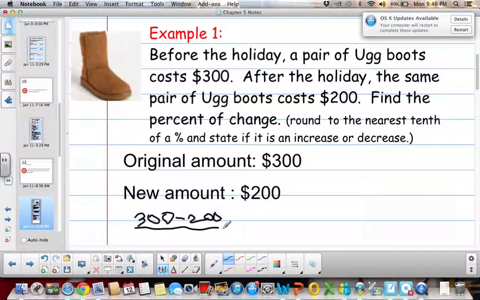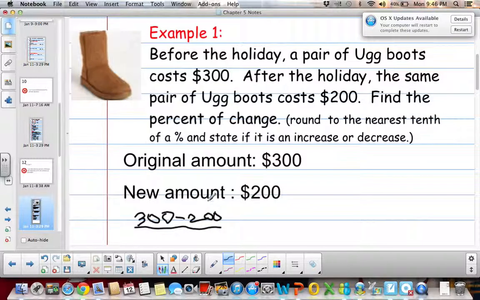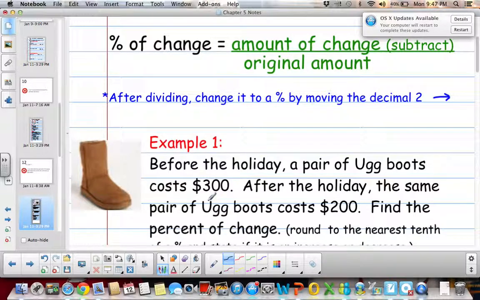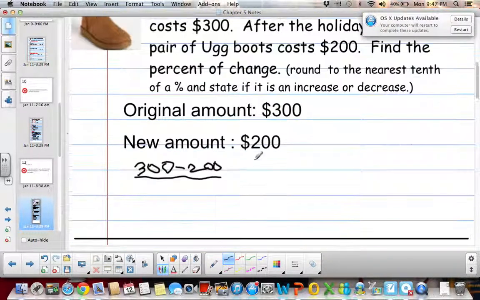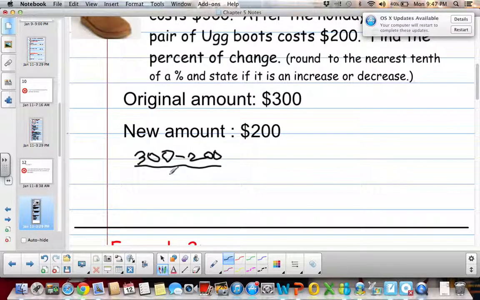And then we take it over the original amount. So if we look back up at our percent of change, we take the amount of change and then we divide it by the original amount, which is 300. So 300 minus 200 equals 100, and then we have it over 300.